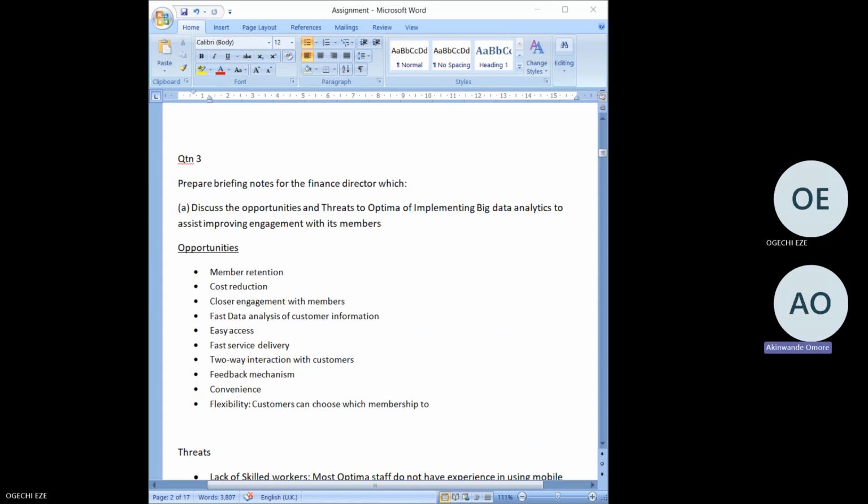The skepticism skills say that we should question the opinions and assertions made in the meeting about the use of big data analytics and mobile technology, presenting evidence of challenges. So this is where you will quote your answer. But in quoting your answer, you must look at the opportunities and threats.